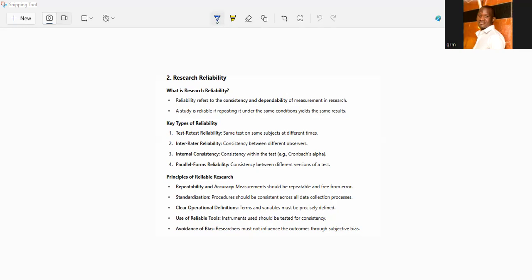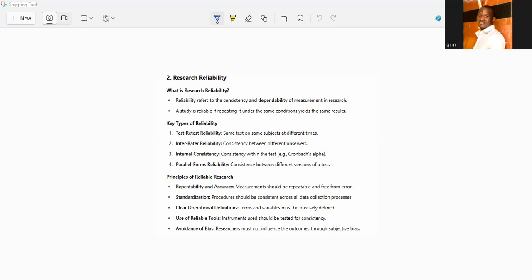As we took you through SPSS, there are some of these Cronbach alpha issues that we're looking at in the other class. So inter-rater reliability looks at how the results from two raters are consistent.